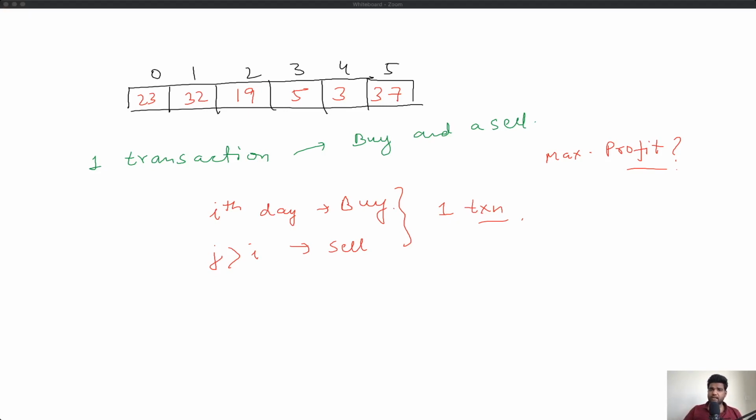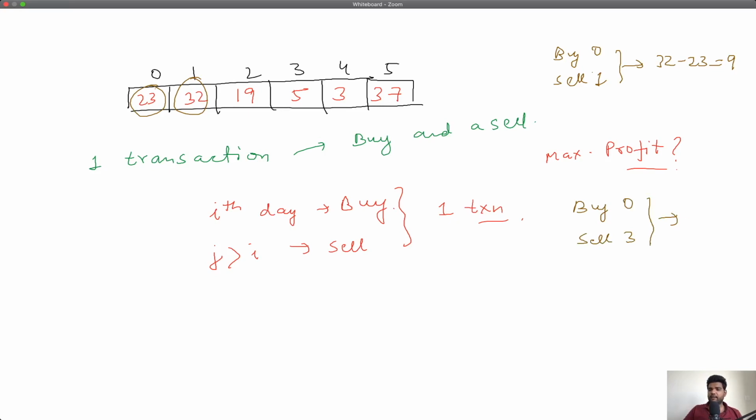So for instance, if I look at this example, if I buy on 23, which is the 0th day, and sell on 1st, I will make a profit of 32 minus 23, which is 9, right? Similarly, if I buy on 0 and sell on 3, then I am at a loss of 5 minus 23, which is like I am making a profit of minus 18, right?